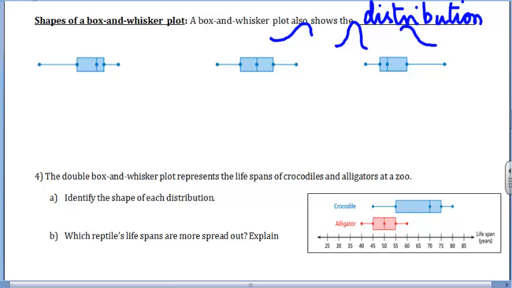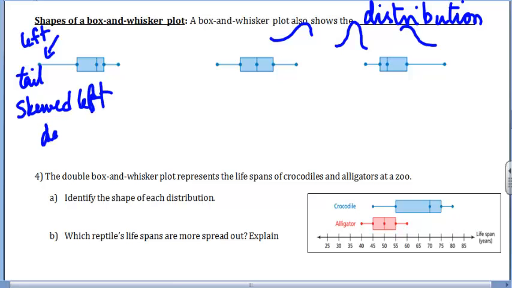So it's the same thing. If you look, the left whisker is longer, so this is like your tail, and if the tail is on the left, it is skewed left, and the data is mostly on the right.